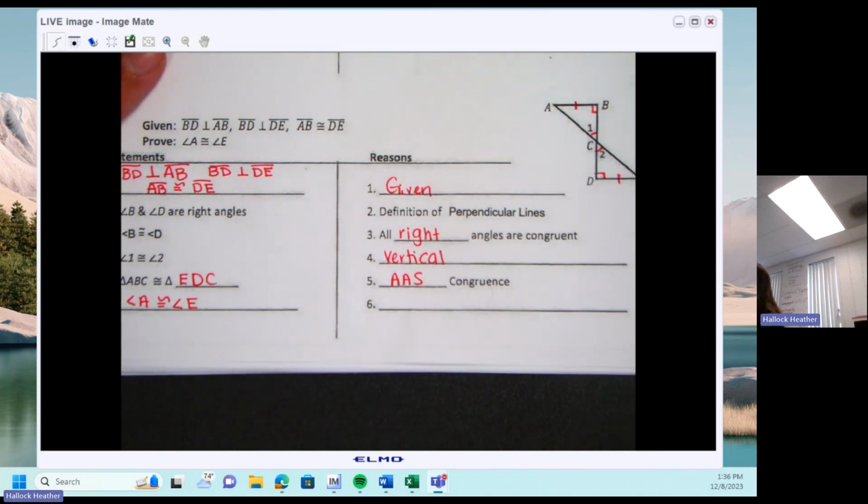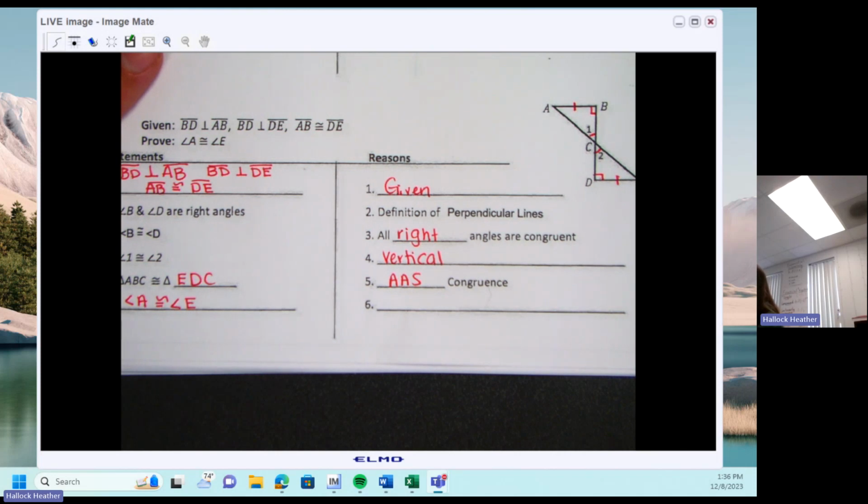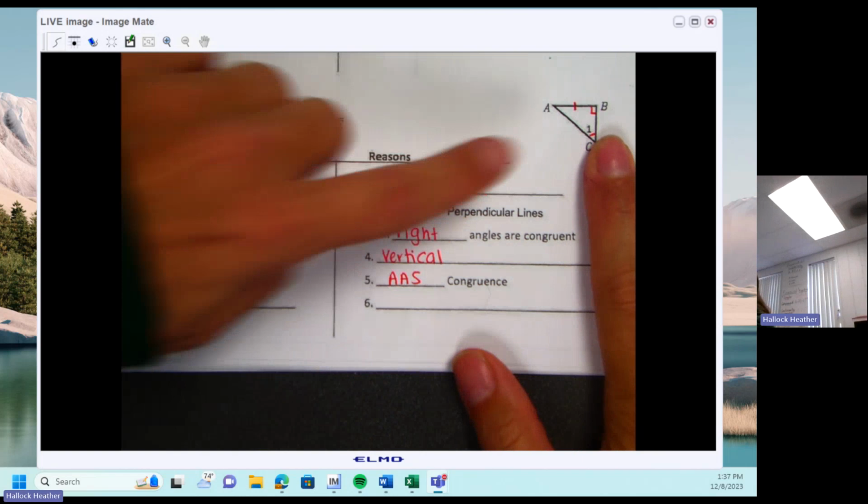You cannot use HL. Everybody yesterday, I'm pretty sure, was asking when would you use something else besides HL for a right triangle. This is that random 3% of the time that you would not use HL on a right triangle. When in doubt, go with HL though. You can't jump over this.